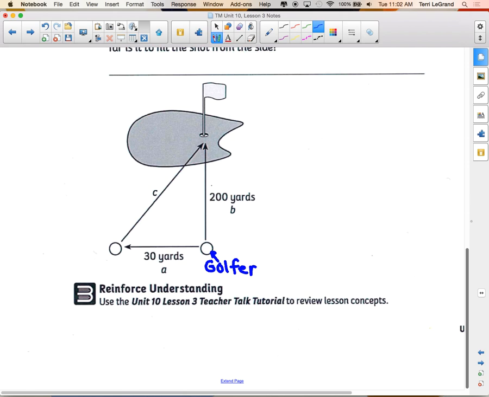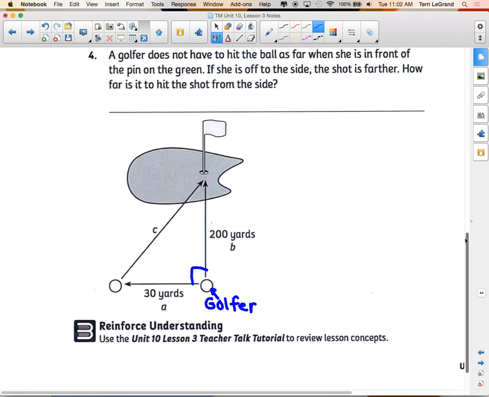We have to have a right triangle to use the Pythagorean theorem. Where the golfer is, right here between A and B. A and B come together to make the right angle. So now we know A, we know B, we're looking for C. C is our question mark. So let's get to work. You guys go ahead and do it, I'll do it, and we'll see if we all agree in the end.